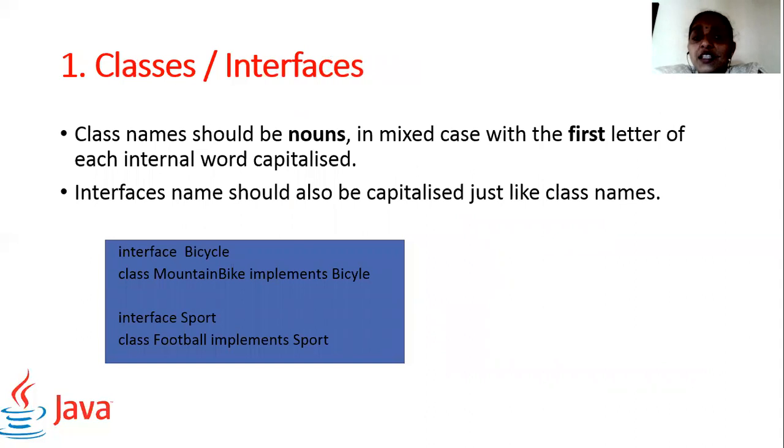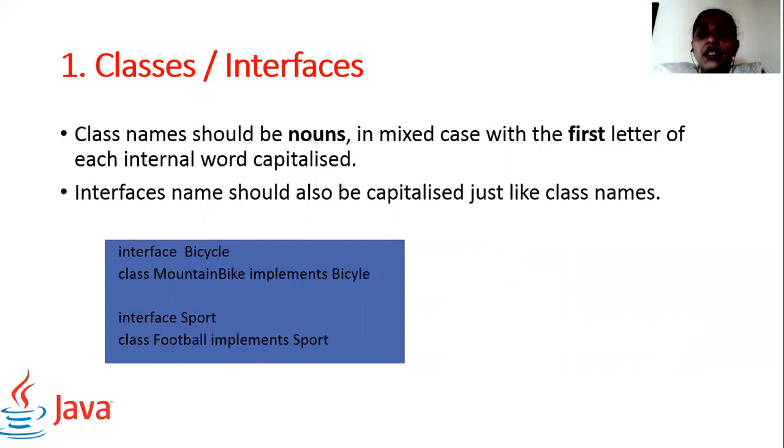We will first see the naming conventions for classes and interfaces. As I told you, camel case is not used in classes and interfaces. Class names should always be nouns. In case you have two or more words in a class, the first letter of each word is capitalized.